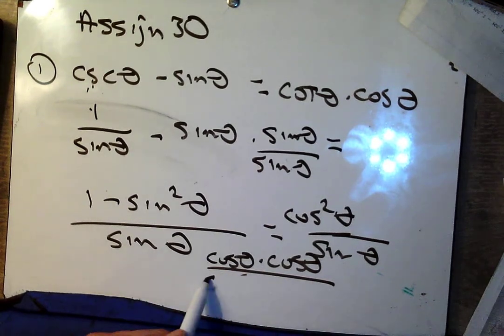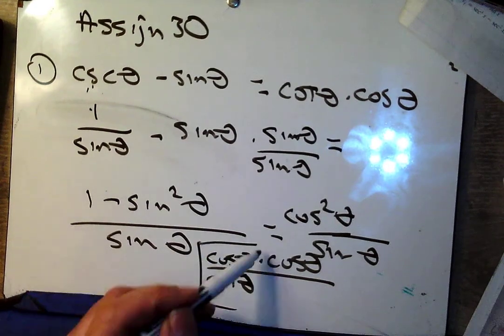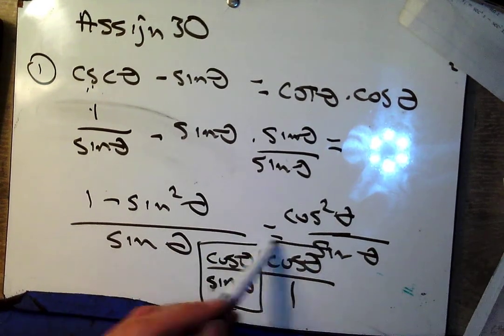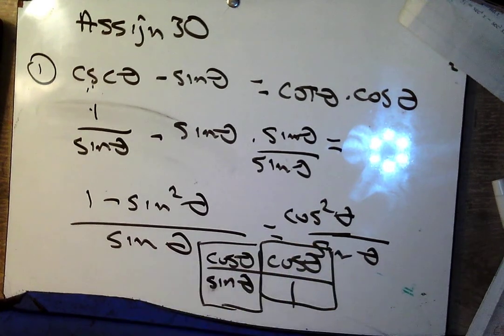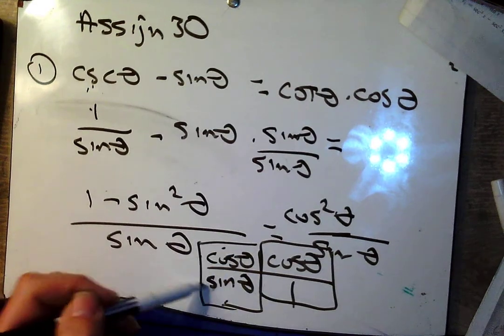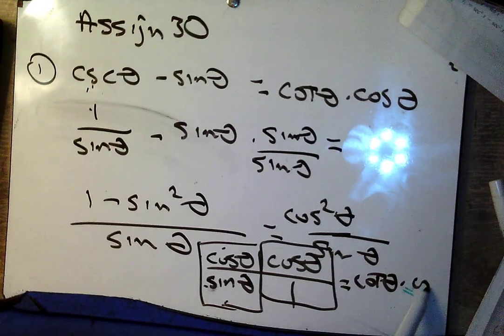Instead, I'm going to write it like that, because now I see that and I see that. And just sliding that sine a little bit to the left is all people need to say, oh, well, cosine over sine, that's cotangent, times cosine. And that's exactly where I want to be.